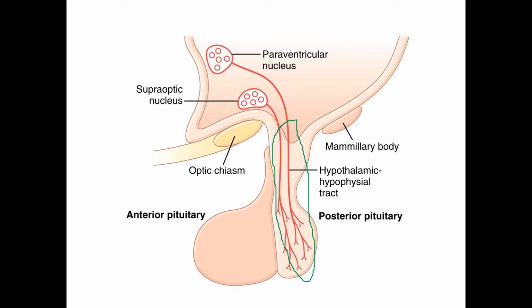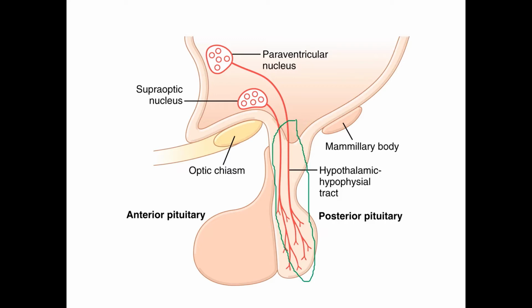So these two hormones are synthesized in the hypothalamic nuclei and then travel down the axons until they reach and are stored in the vesicles found in the terminal ends of the axons, which are found now in the posterior pituitary.